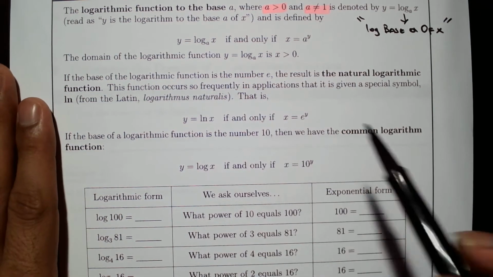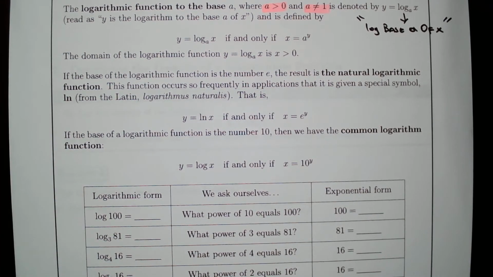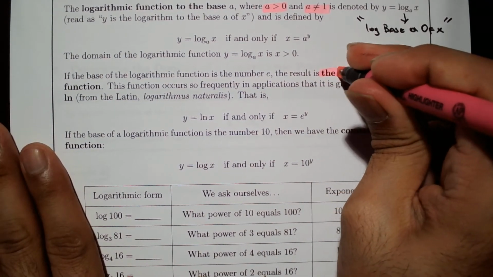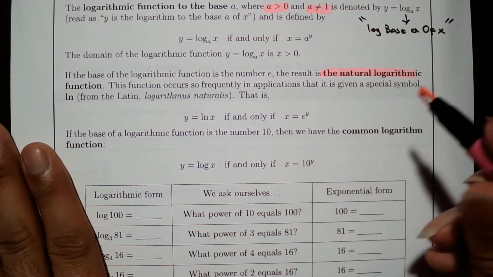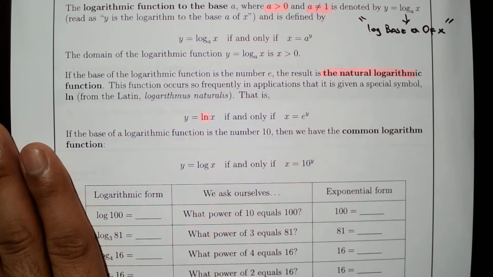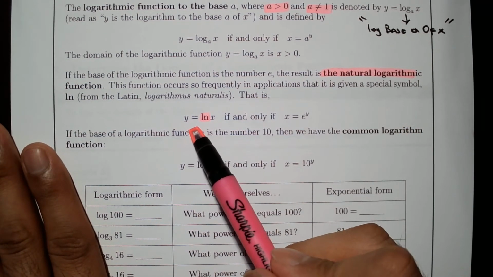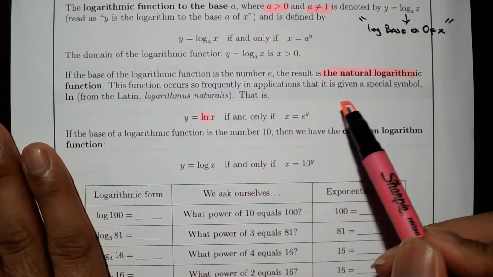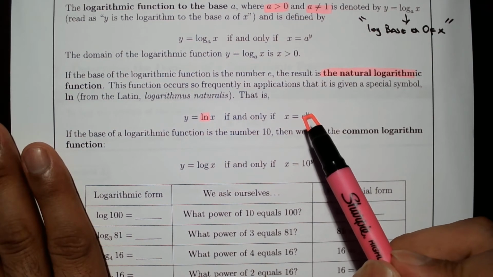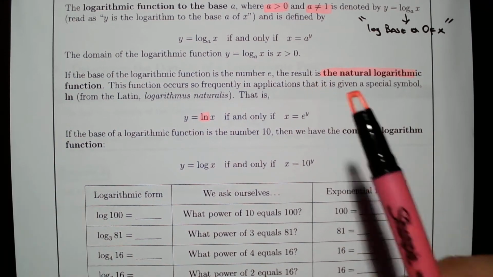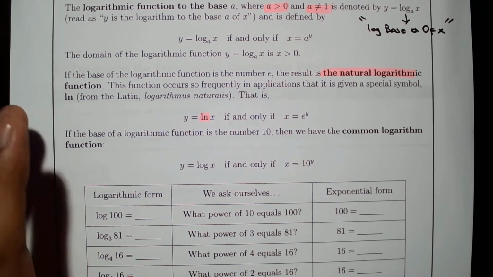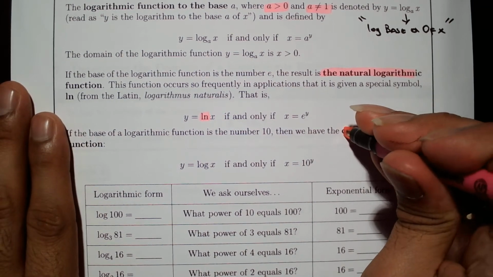We are going to have as well the natural log. The natural log, if we have the notation ln, means logarithmus naturalis from Latin, and has the base e. Remember the number e that we looked at in the previous section. And then we have the common logarithm.